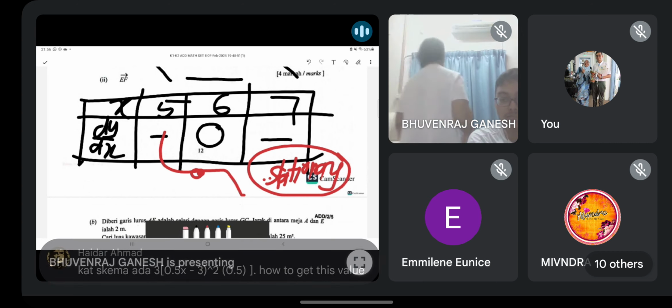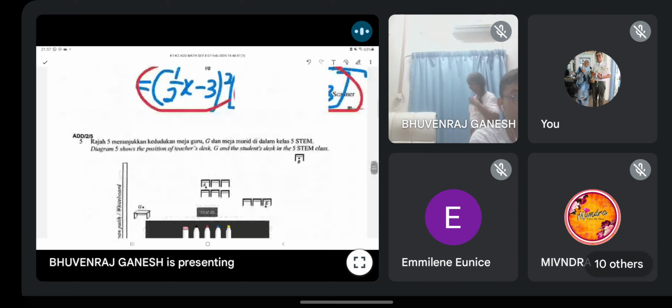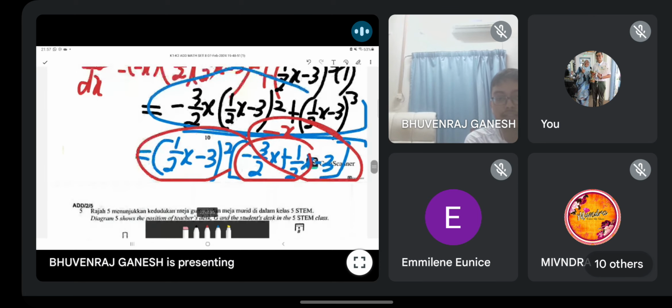Okay, how to get this value? Where is it? Correct only, Aida? This is the equation we got. This is the thing we got over here. Exactly like this. 1 over 2 is 0.5.